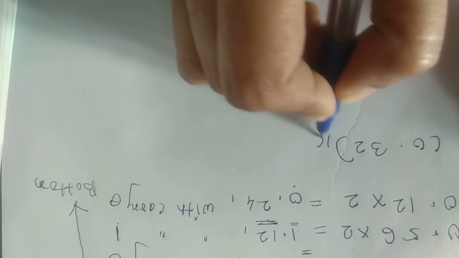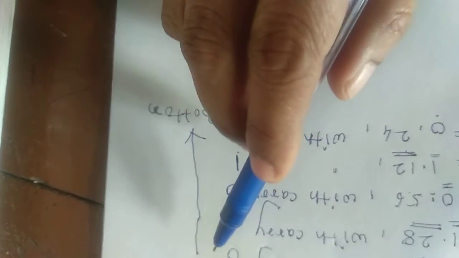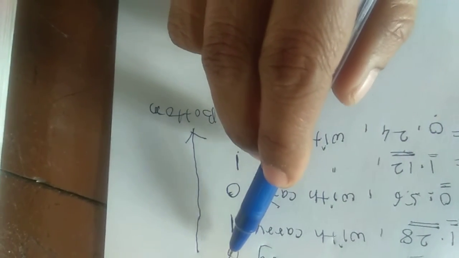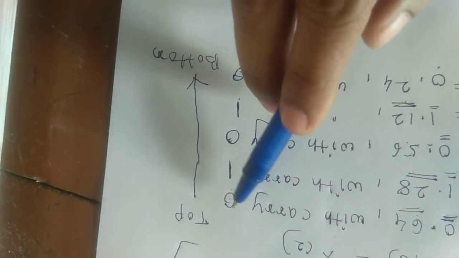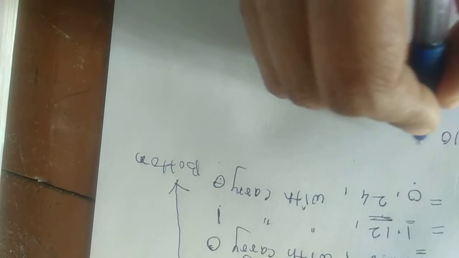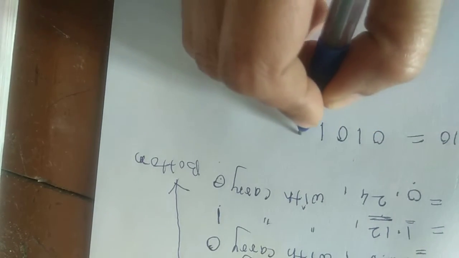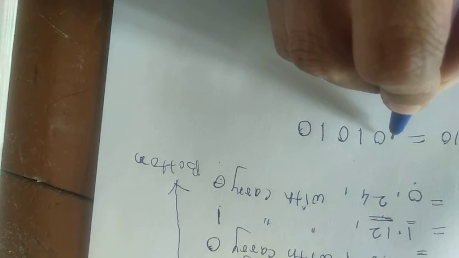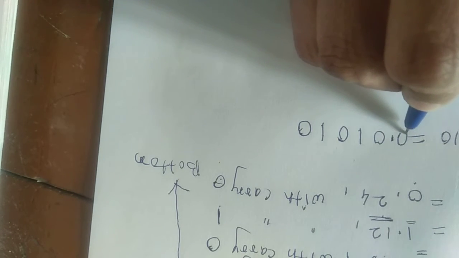Now note down all the carries from upside to downside: 0, 1, 0, 1, 0. Don't forget to write the point here.